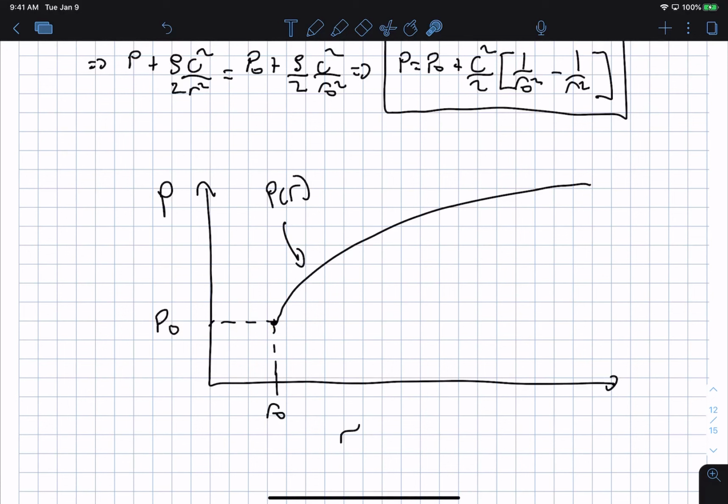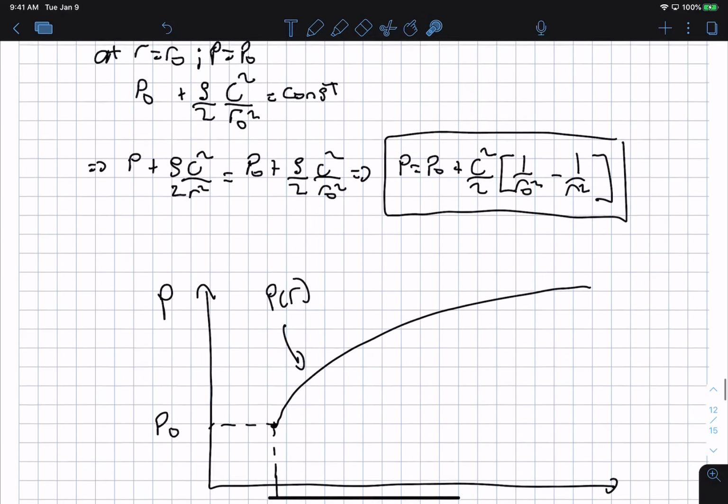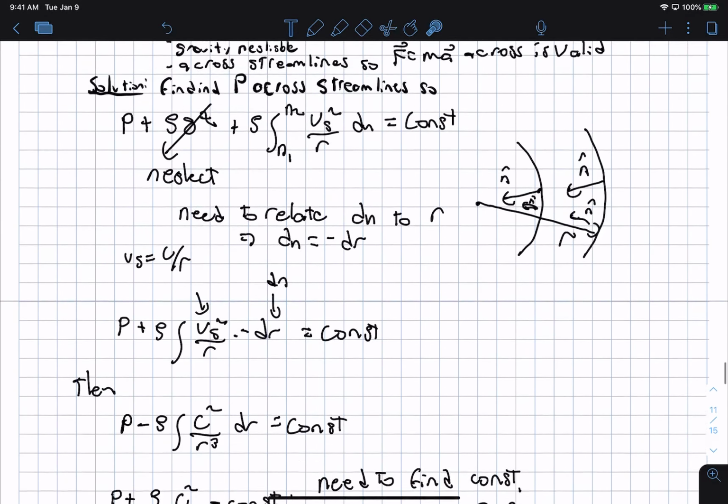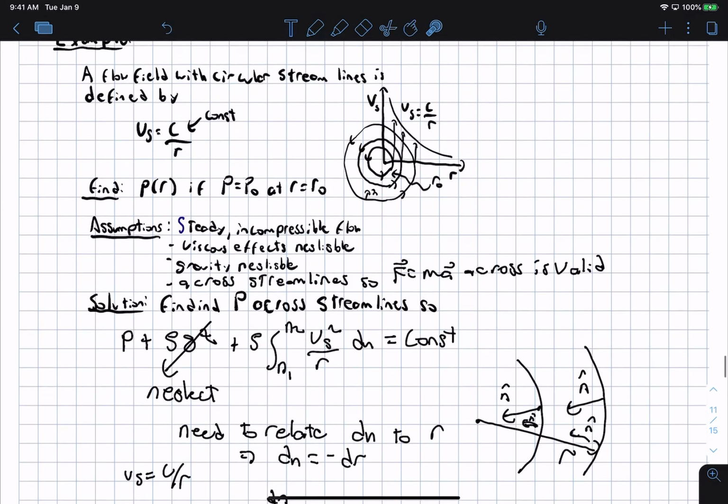That has to do with our description of the flow, telling you that the fluid velocity is C over R. So the velocity itself is approaching infinity as R goes to 0. Clearly, this flow is not accurate very close to the center of the vortex.